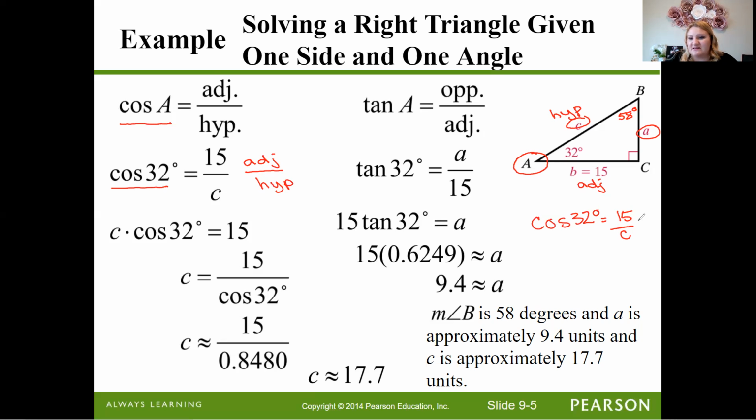If you're dividing by C, you can isolate this by multiplying by C. So you multiply both sides by C, you have C cosine of 32 degrees equals 15. If I want to isolate C, these are being multiplied, so I can divide by the cosine of 32 degrees.